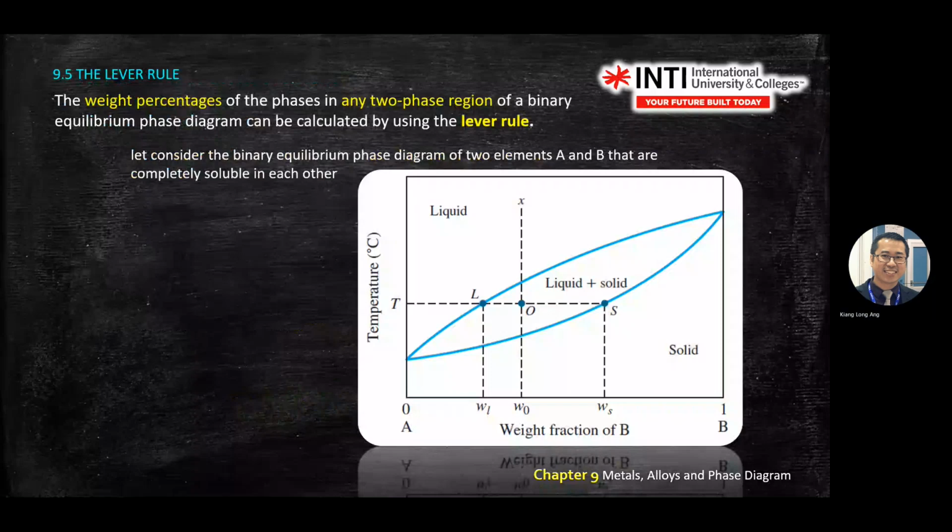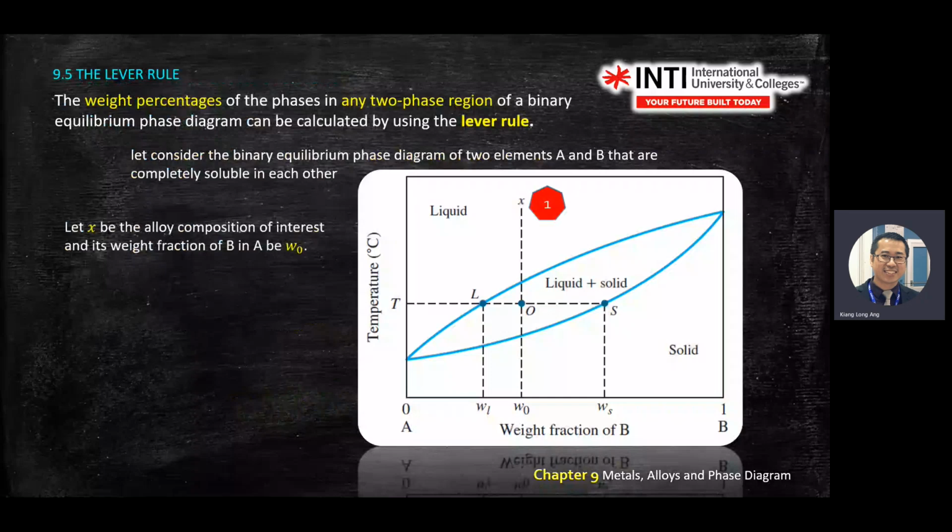Okay, how? So let's say we want to find a value at this point. We put an X here, and the weight percentage you can label as WX or WO. Just label it as point O. This is what we want to find.